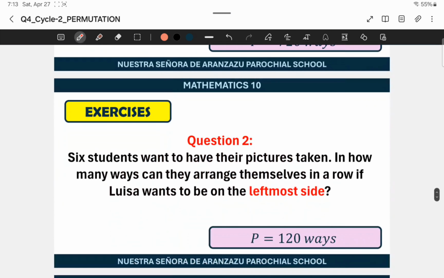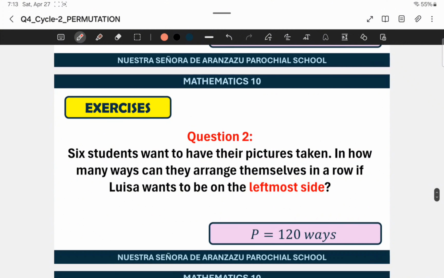Next, 6 students want to have their pictures taken. In how many ways can they arrange themselves in a row if Luisa wants to be on the leftmost side? Alright, so ganun ulit yung gawin natin. So merong 6 na students tayong ina-arrange, 1, 2, 3, 4, 5, 6. Pero si Luisa, gusto niya dito siya nakaupo, sa leftmost position.